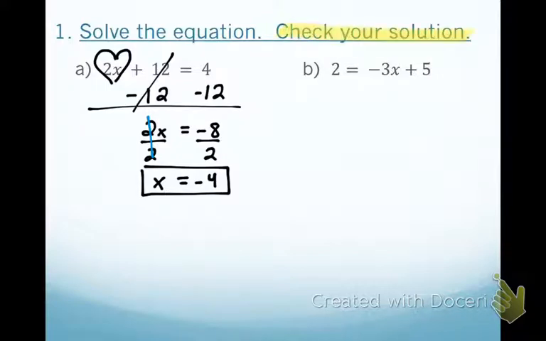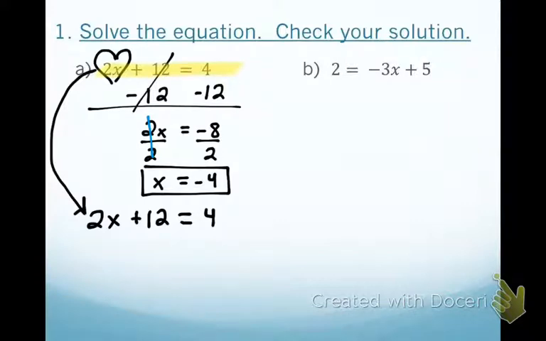We came up with the solution, x equals -4, but let's figure out if that's correct or not. In order to do that, first thing you want to do, go ahead and write your equal sign, and we're going to take our original problem and drop it down over here. Remember, all you're doing is rewriting it down there. Now, do I know what x is, class? Yes. I do.